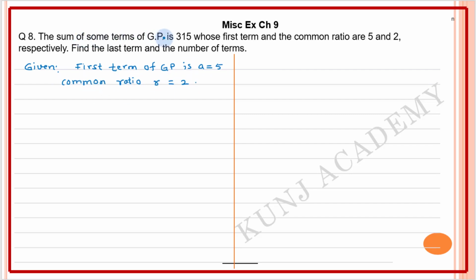Let the number of terms be n, then S is equal to 315. r is greater than 1, therefore the formula is a(r^n − 1)/(r − 1). Put a = 5, r = 2.